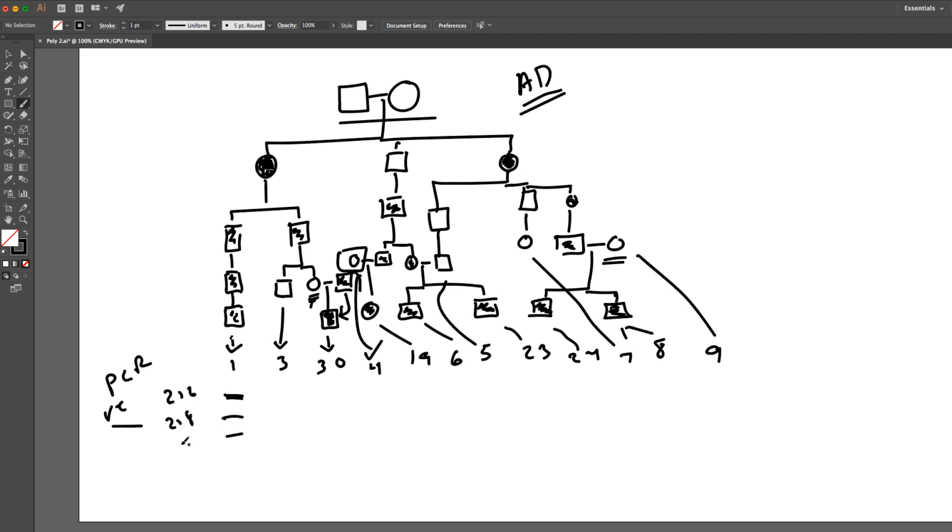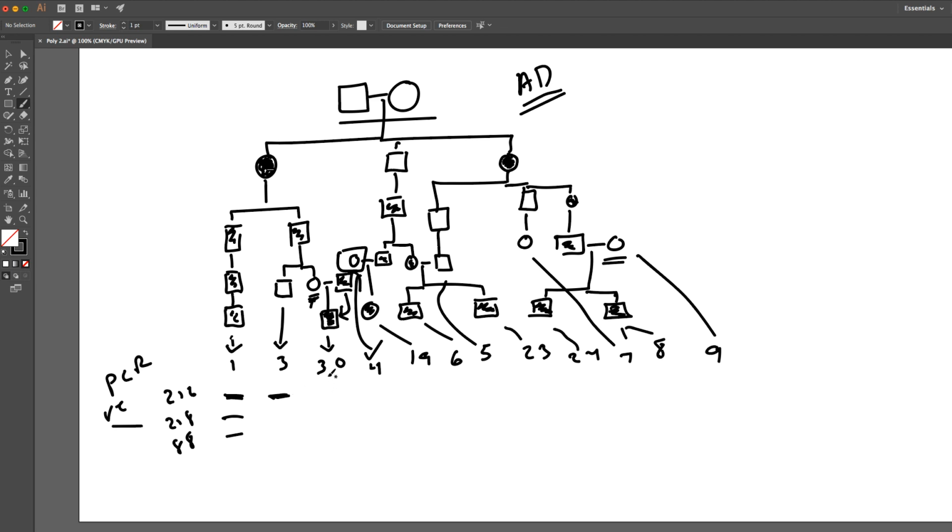And they have a band at 88. So this person is afflicted. They have both alleles, one mutated allele, one normal allele. 3 is an individual who's unafflicted, and they have 2 copies of the unmutated version of the protein.